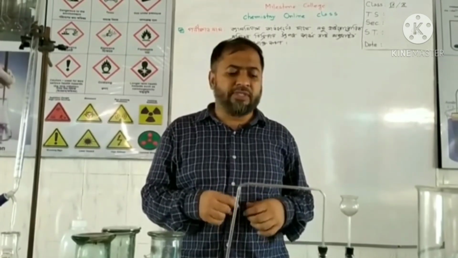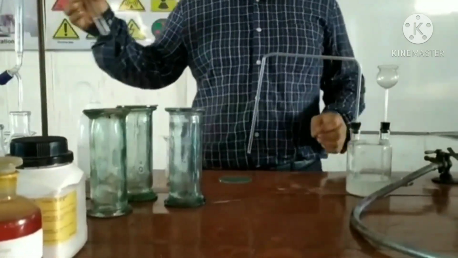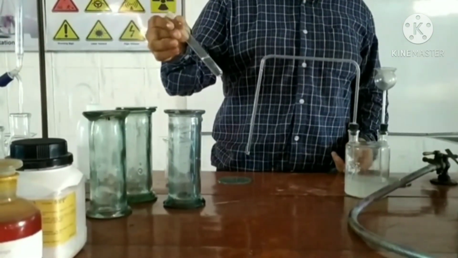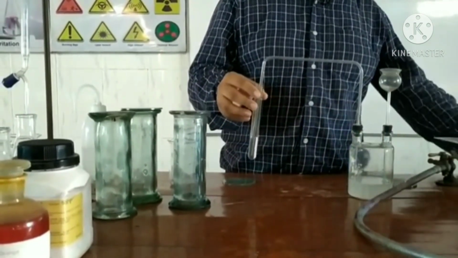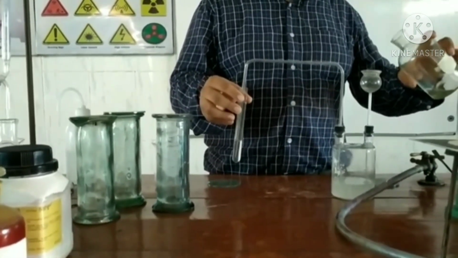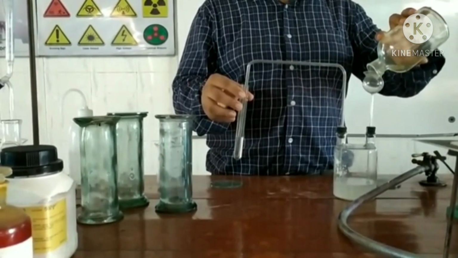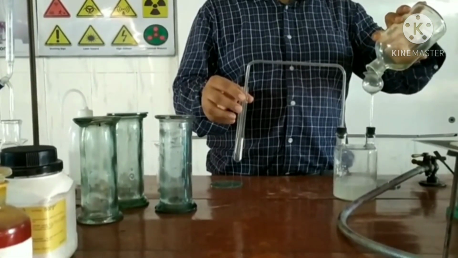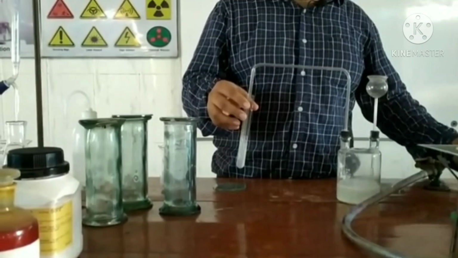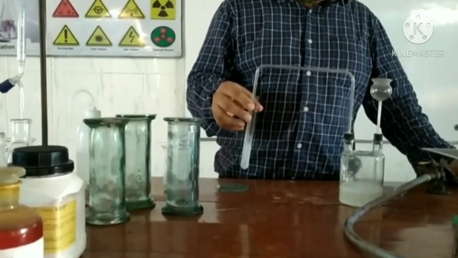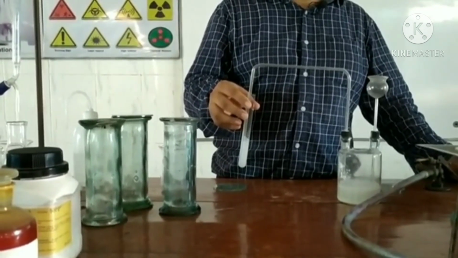Now I am going to show you this experiment, and you can see this is a lime water solution, and we are connecting the lime water solution with the old bottle where carbon dioxide gas is producing, and you can see that lime water instantly turns turbid. Students, you can see lime water turns turbid. That implies that this is carbon dioxide gas.